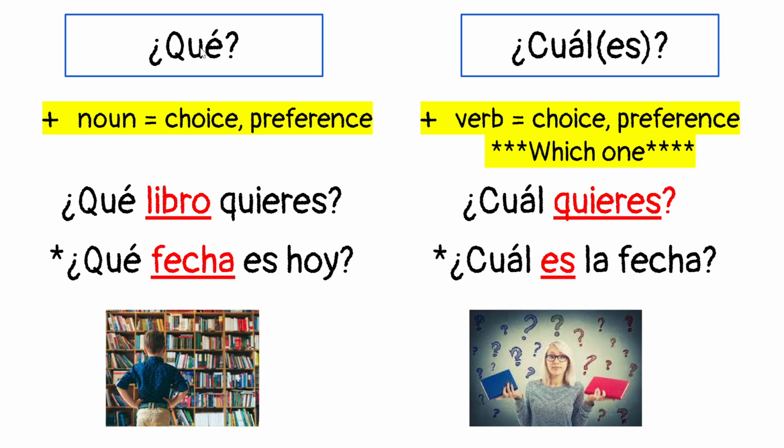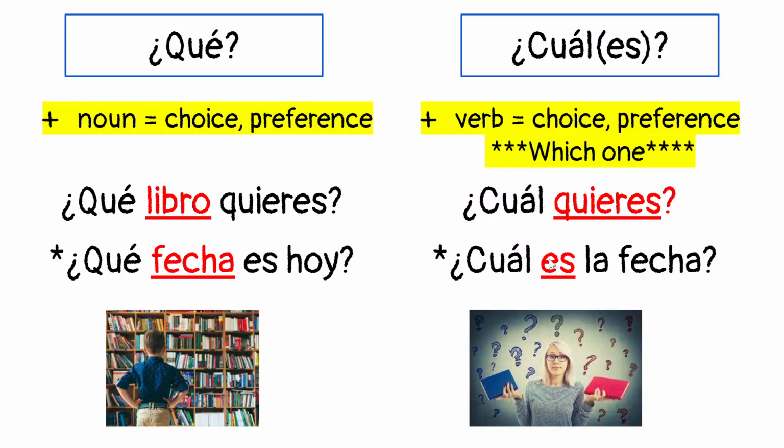Let's look now at qué followed by a noun where it gives choice or preference. ¿Qué libro quieres? What book do you want? As opposed to ¿cuál quieres? Which do you want?